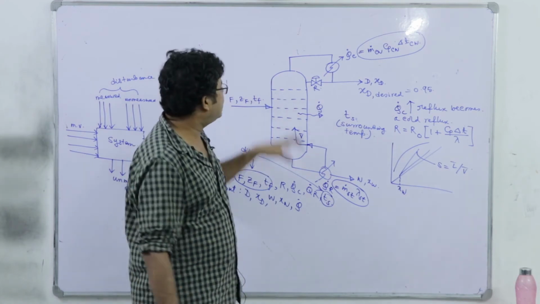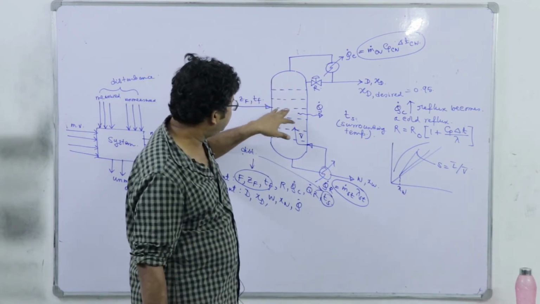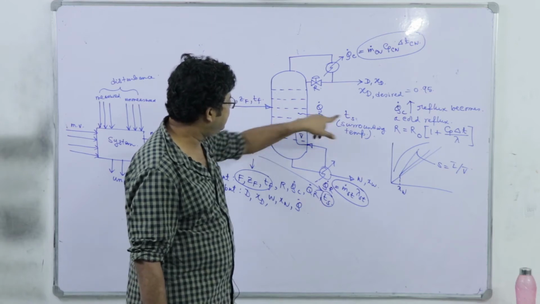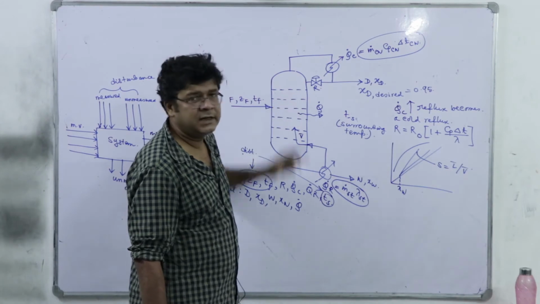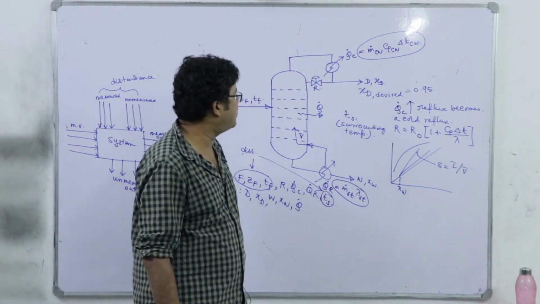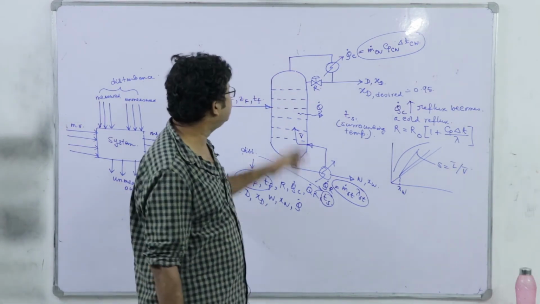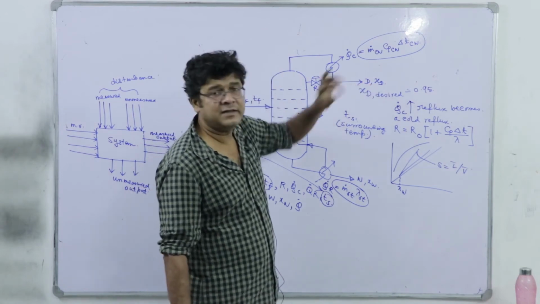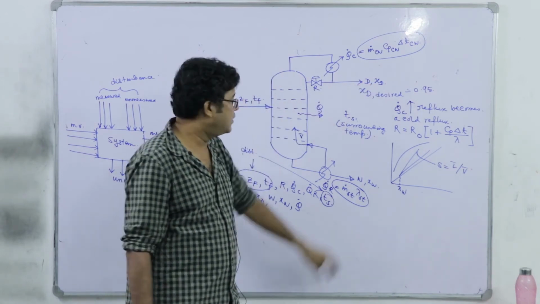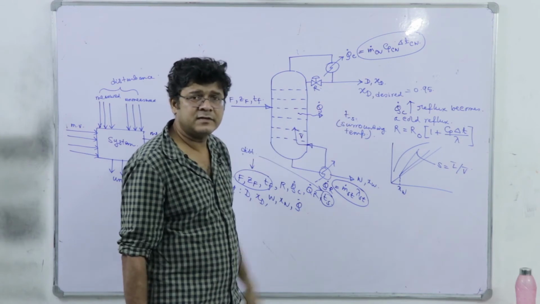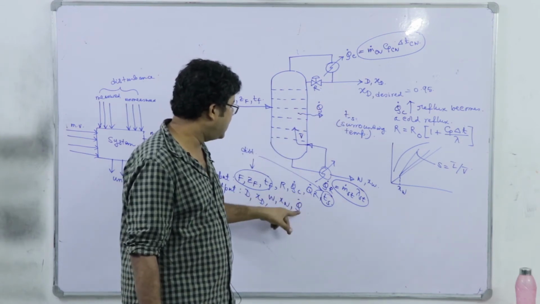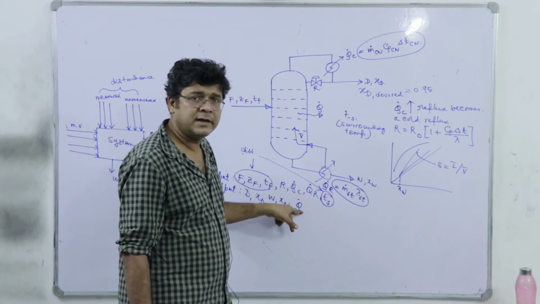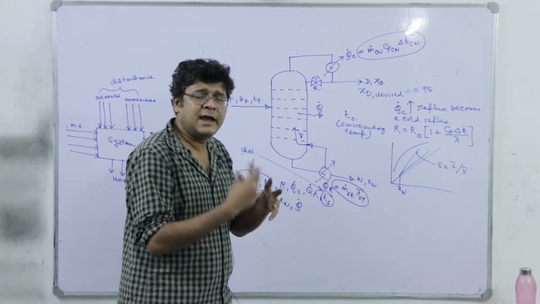So as the temperature of these trays changes because of a change in TS, definitely that will alter the vapor composition and the liquid composition, because the equilibrium relation changes. So finally it will affect the distillate composition, right. So TS is another disturbance over which we do not have any control. However, Q dot is the output, right. So Q dot is a kind of output.